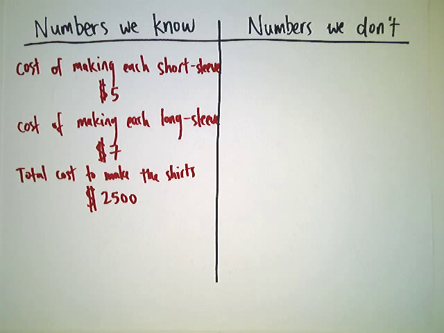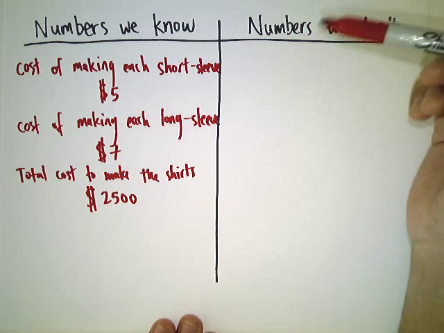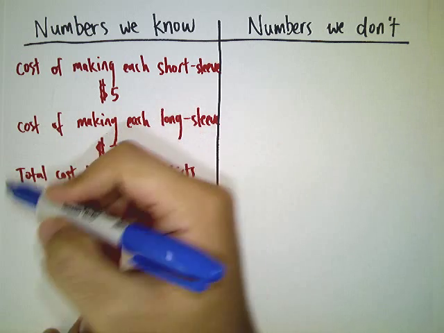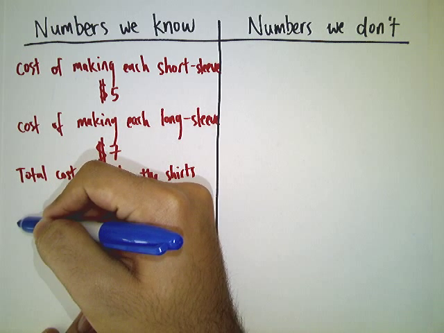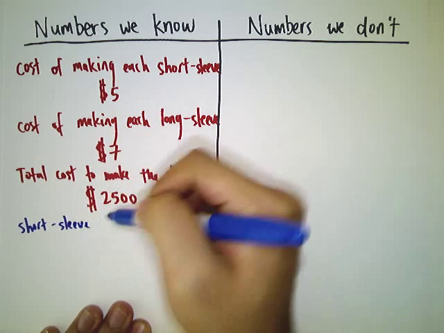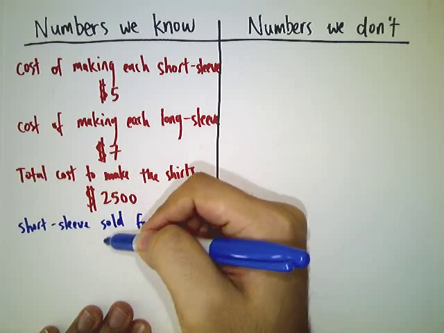Okay. Now in all this, we haven't been told how many of each type of shirt we bought. So how many short sleeve shirts were bought, and how many long sleeve shirts were bought. Before we get there, let's finish the other information we do know. Short sleeve shirts are sold for $8 each.